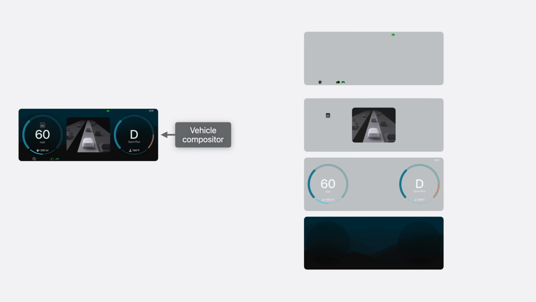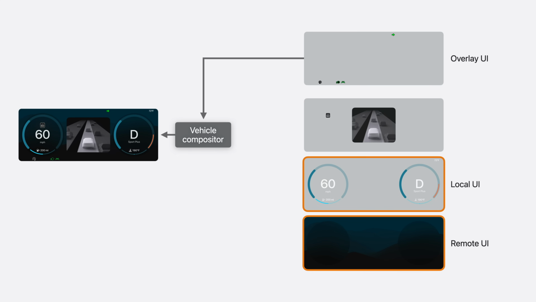So how is this achieved? Before we get to that, let's review what we've covered so far. First, we looked at overlay UI and how it's composited directly by the vehicle. Then we looked at remote UI, local UI, and punch-through UI.